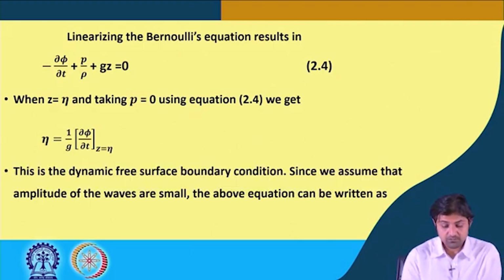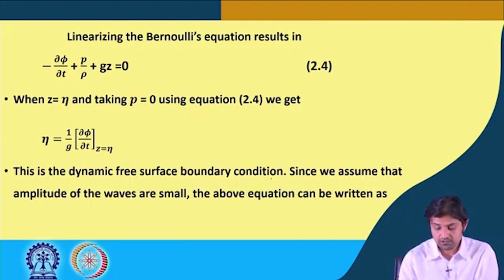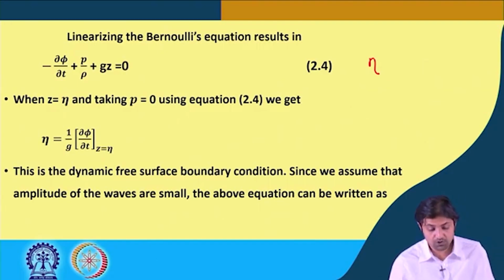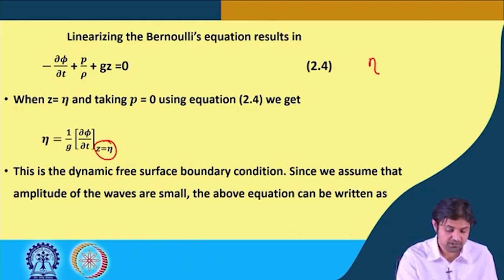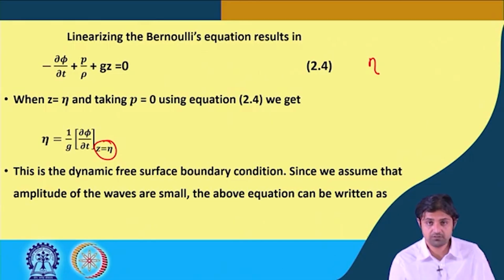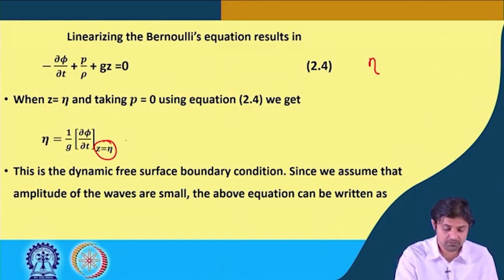So, this is the dynamic free surface boundary condition. Since we assume that the amplitude of the waves is small, see, one assumption was that the amplitude of the waves is very small, so this eta actually is very small. This is a problem if we say z is equal to eta, because we do not know eta from before, this becomes an implicit equation.